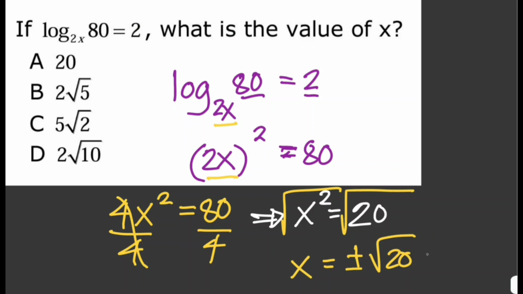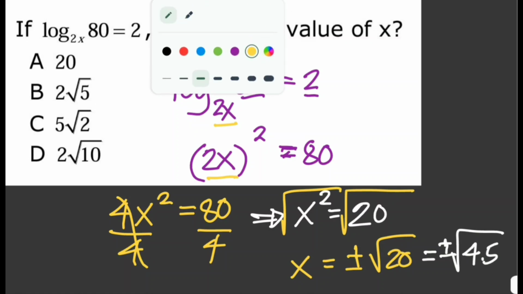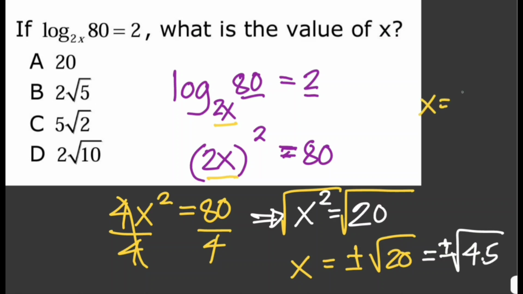And we can split 20 by its factors. We can write this as 4 times 5. And 4 is a perfect square. So this would be x equals plus minus square root of 4 is 2. Then we're left with 5 as our radicand. Therefore, the value of x here is plus minus 2 square root of 5.